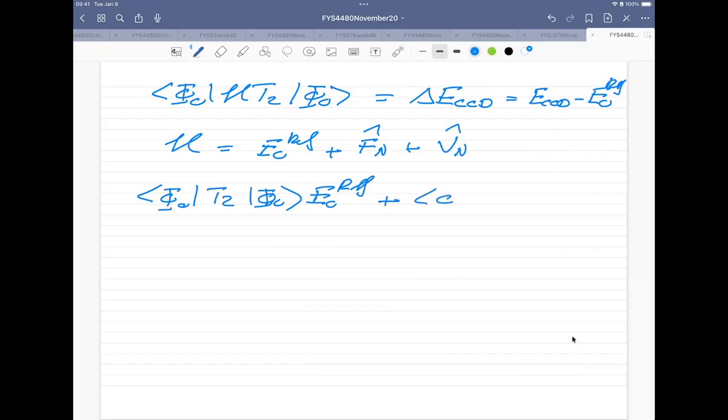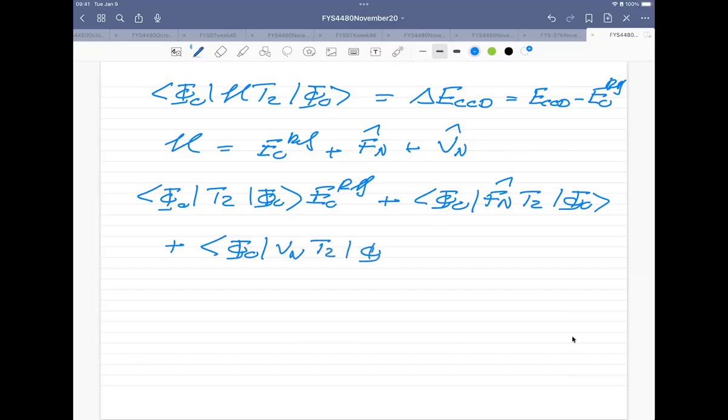plus phi 0, and then I have my Fn, the one-body operator, of T2 of phi 0, plus a phi 0 of Vn of T2 of phi 0.